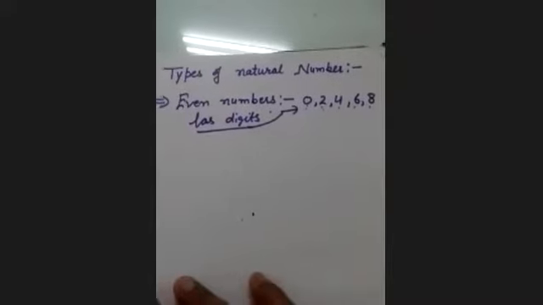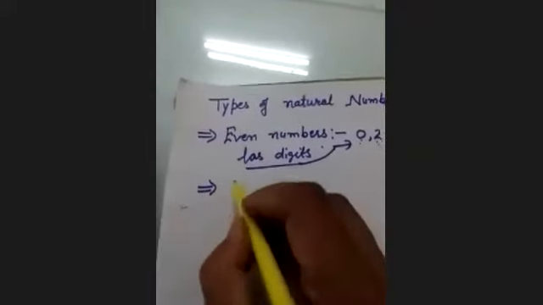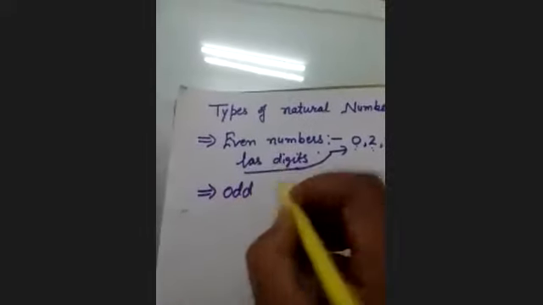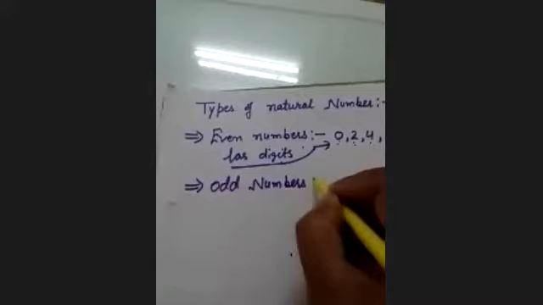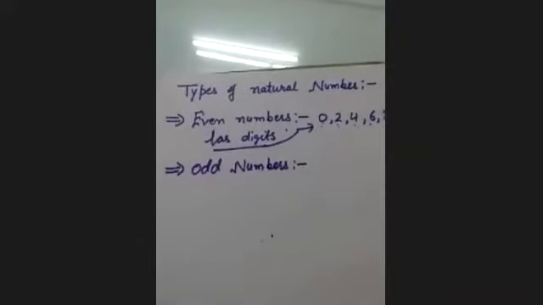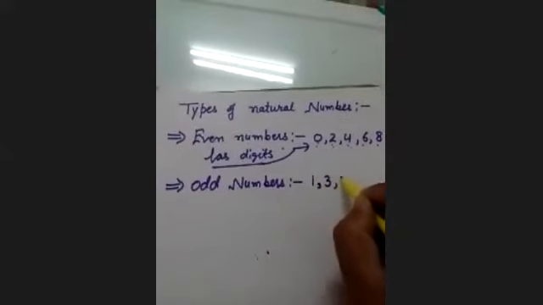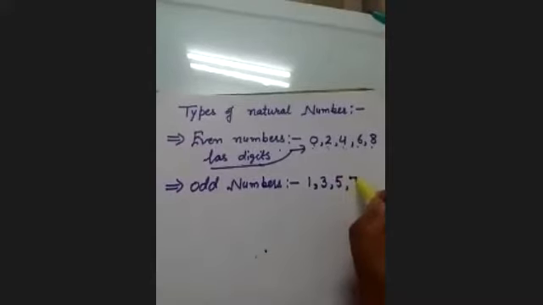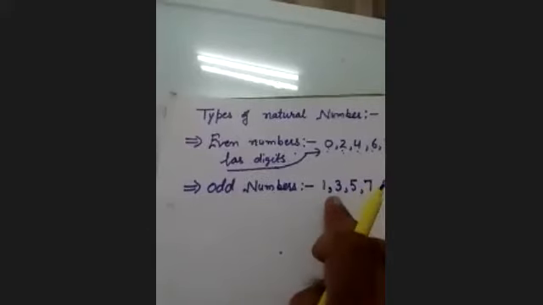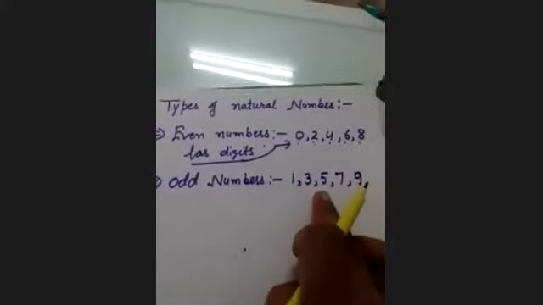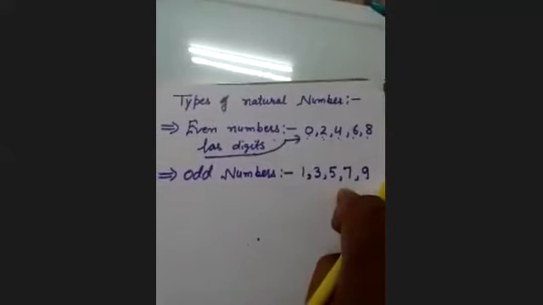Clear, students? Next, odd numbers. Second point is odd numbers. If a natural number ends with 1, 3, 5, 7 and 9, then these numbers are odd numbers.